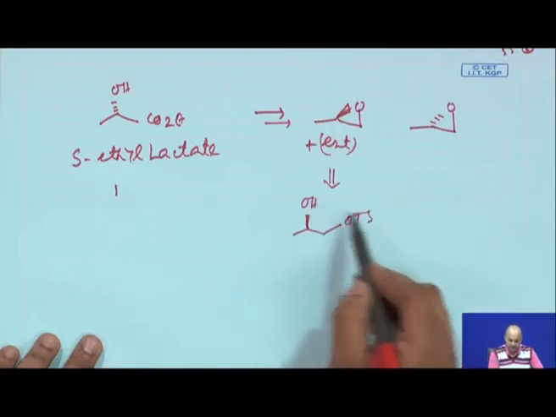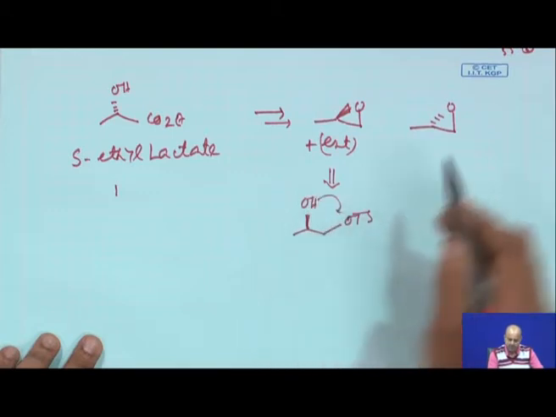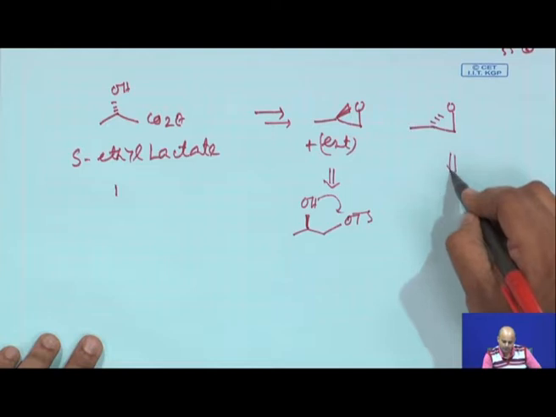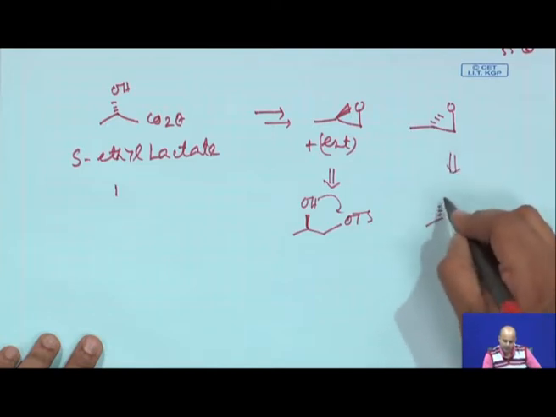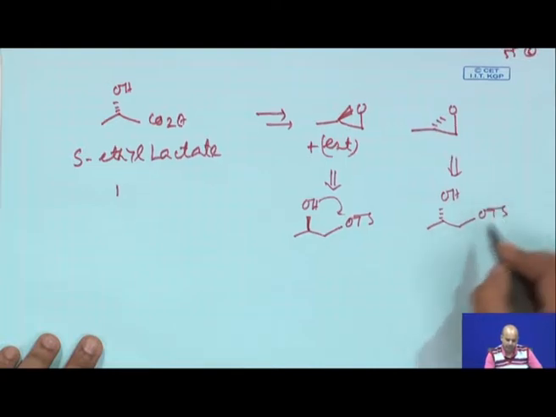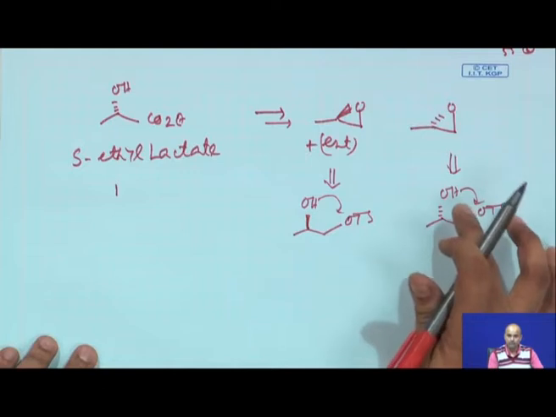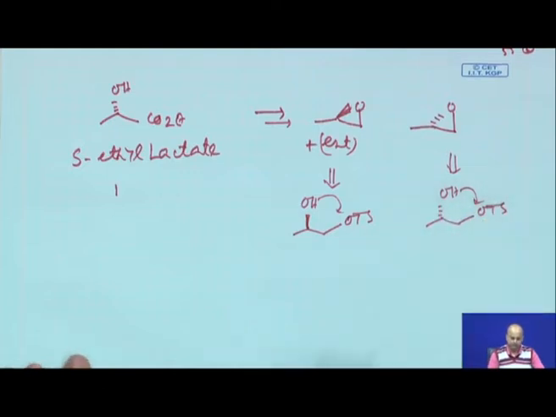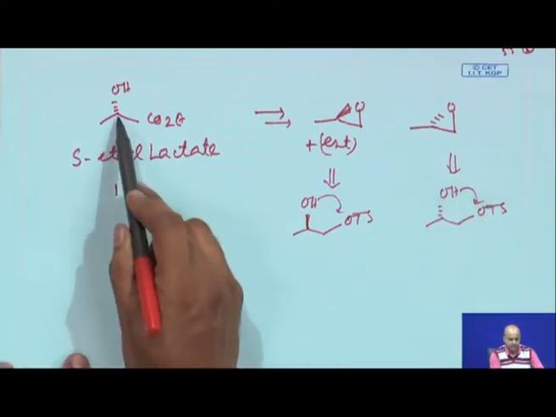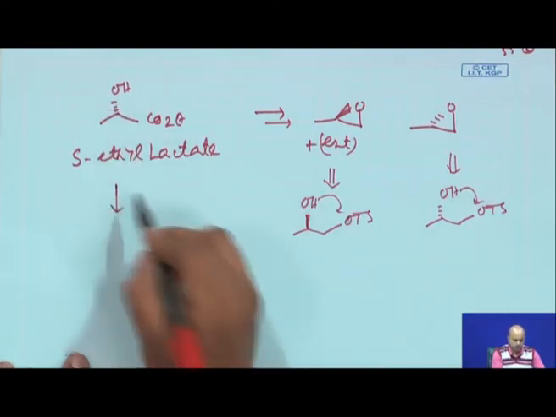So, you will be doing O minus and then ring closure, and if you can get a compound like this, you can do an intramolecular SN2 without disturbing the stereocenter. And the chirality which is given here is this. So, now how to correlate?